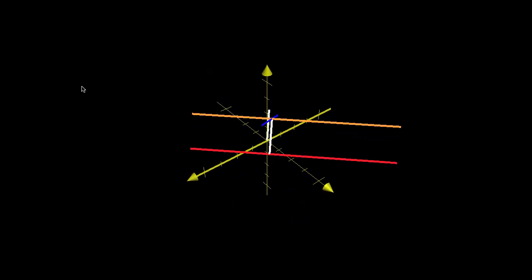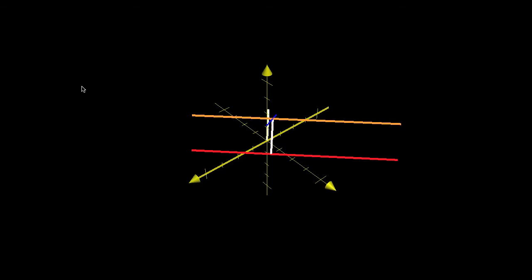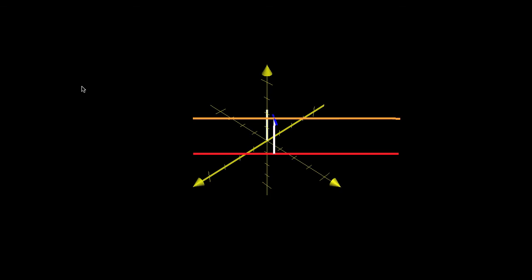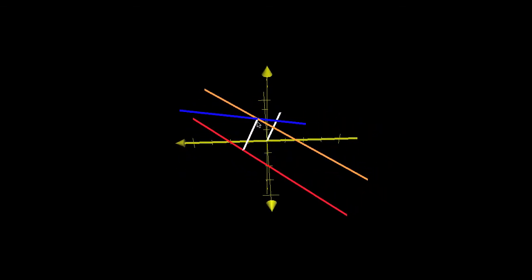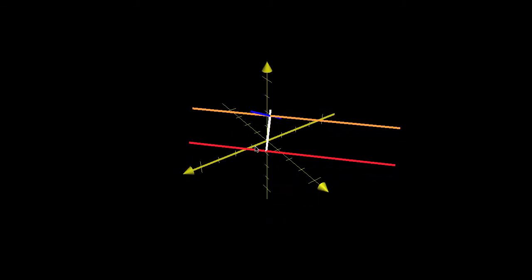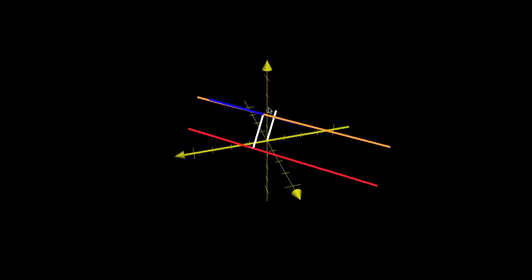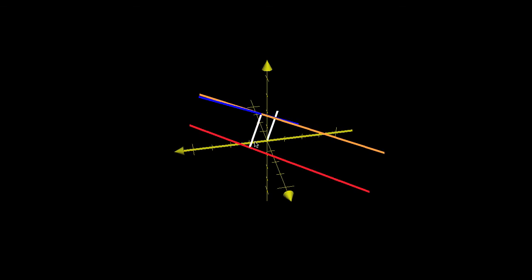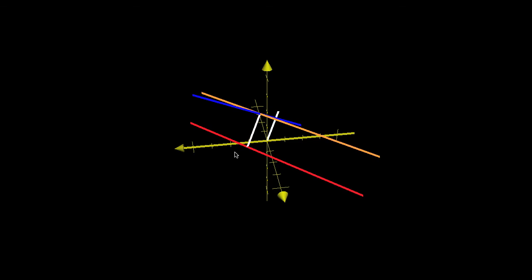And where it intersects the blue line, it represents the point on the blue line which is the closest approach to the red line. So when I have the coordinates of this point, knowing this direction and this length, I can then find the coordinates of where the point intersects the red line, and I have my answer. This then gives me the location of this point on the blue line and the red line, and I also have the direction and distance of their closest approach. So that's how I do this.